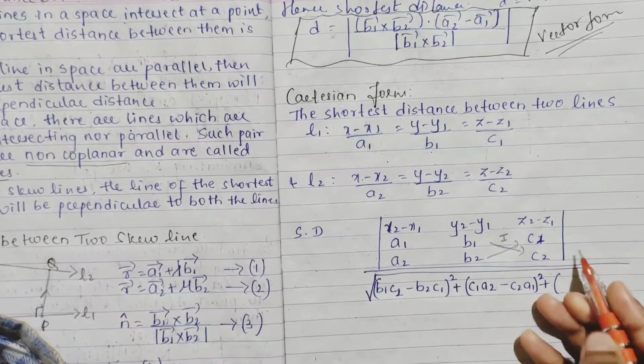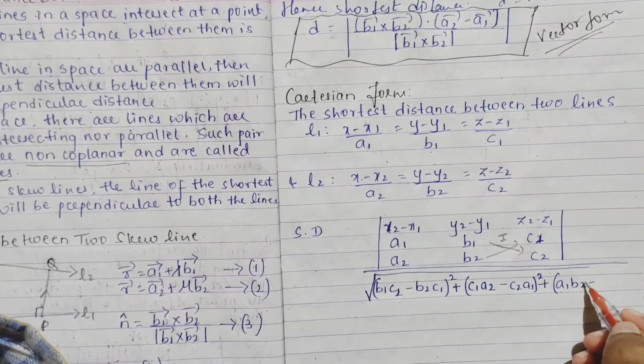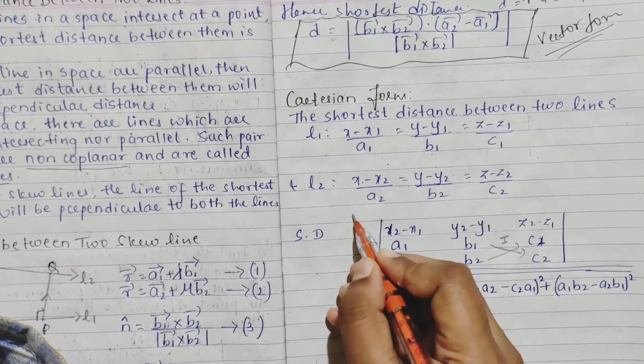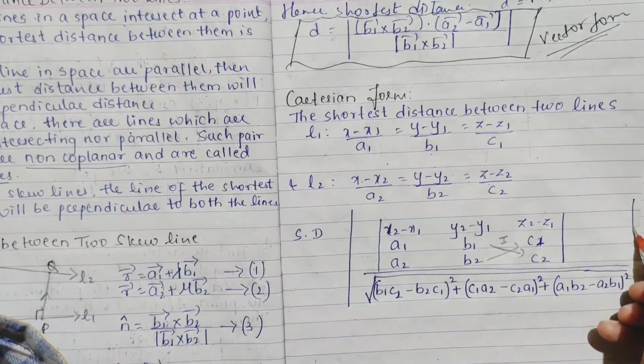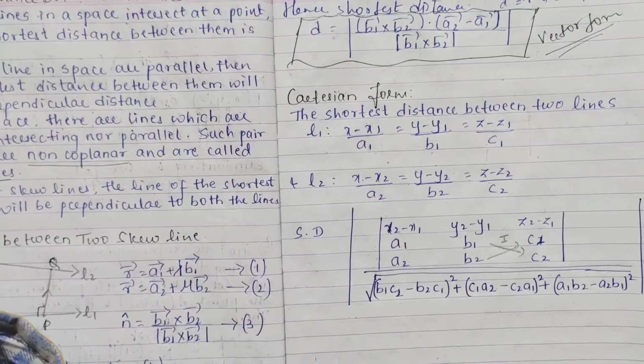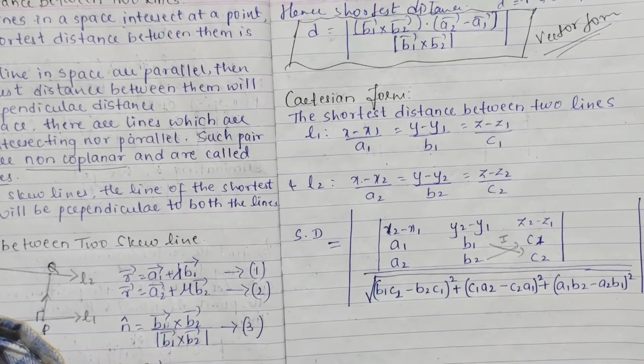Next is a1 into b2 minus a2 into b1, the whole square. Okay, this is the square root, and then the whole determinant. Understood? This is your Cartesian form, shortest distance. It is given like this.